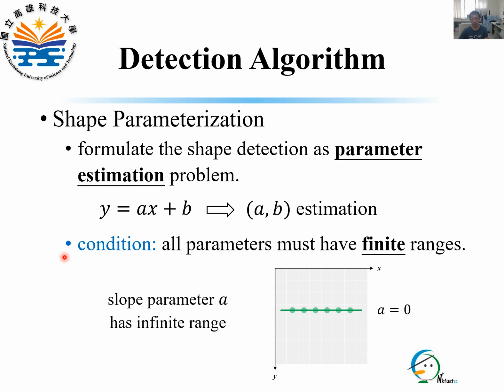Since Hough transform uses a voting scheme to solve parameter estimation problem, all parameters used for voting must have finite range. Unfortunately, a is a slope and has infinite range as the line approaches vertical.